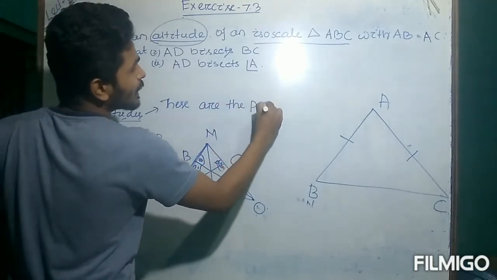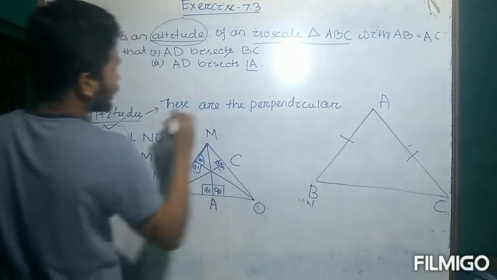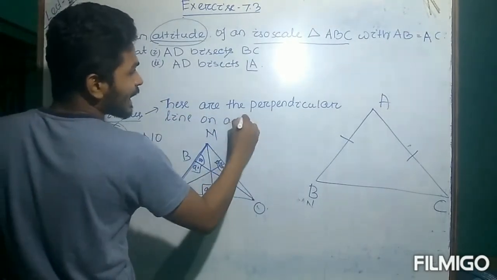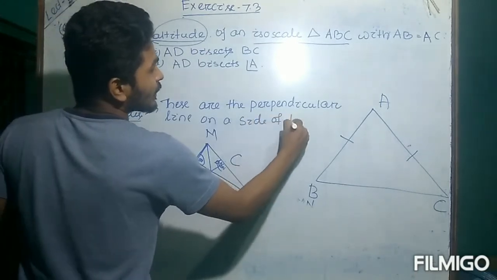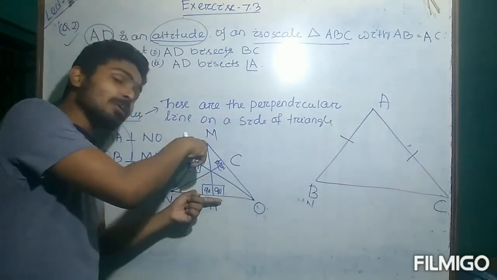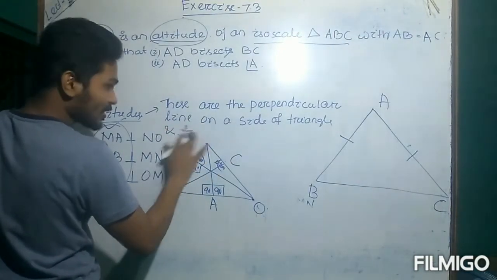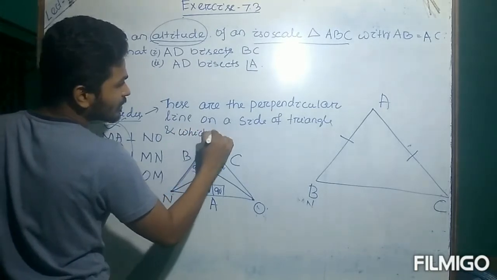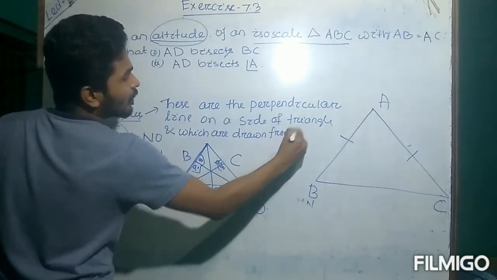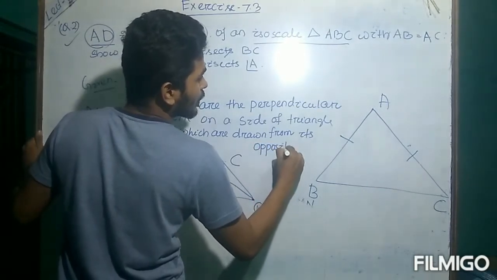These are the perpendicular lines on a side of a triangle and drawn from its opposite vertex.